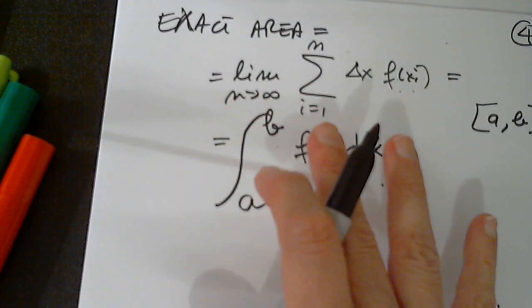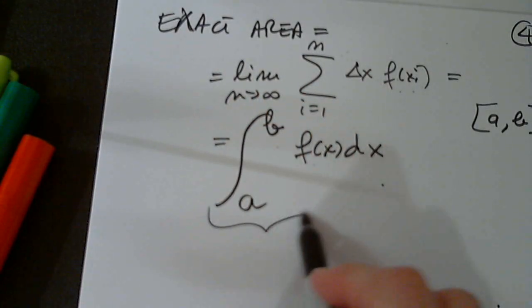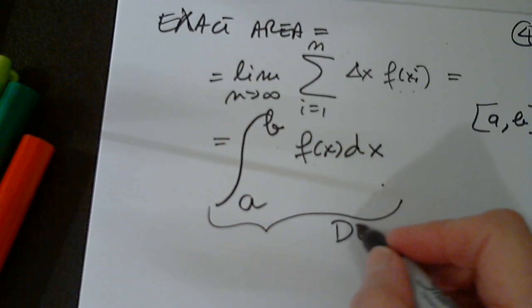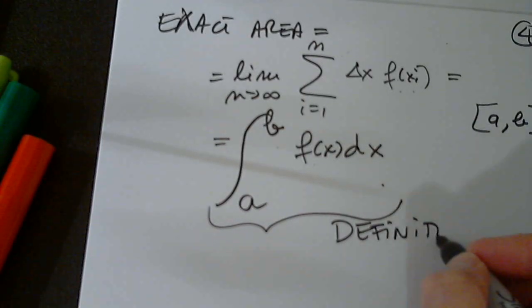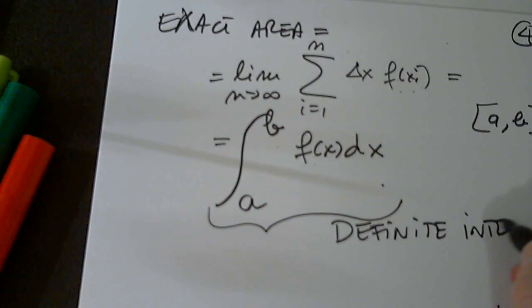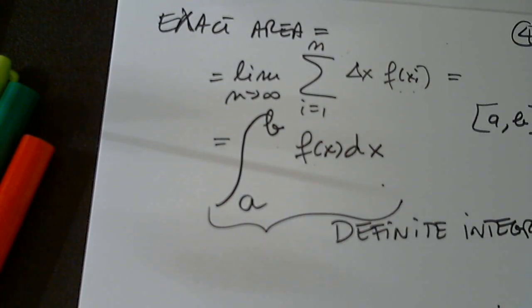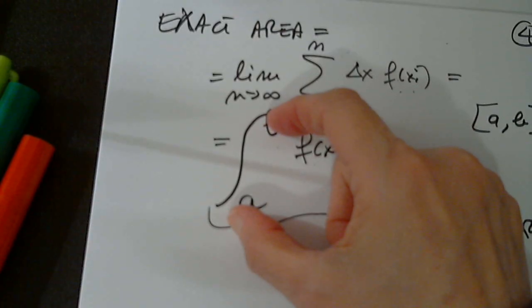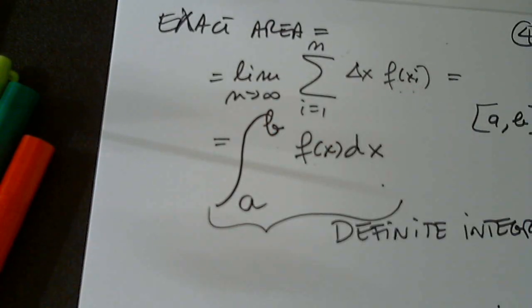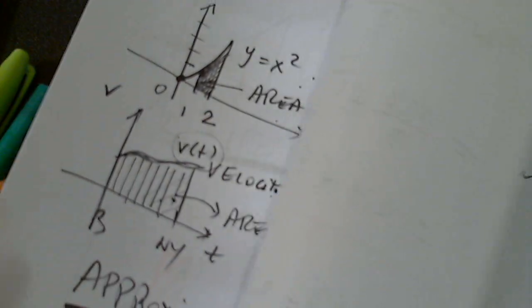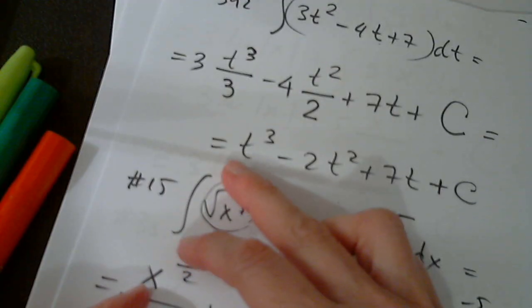What is this? What does it mean? Well, this is what we call the definite integral. What do you mean definite? It has definite limits. The one that we studied last time, I still have it here, does not have limits.